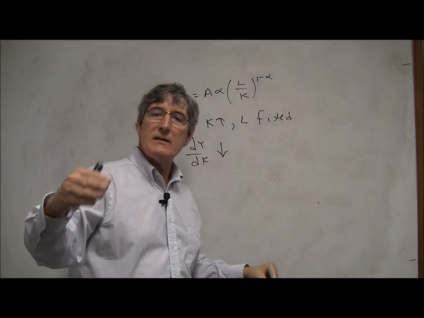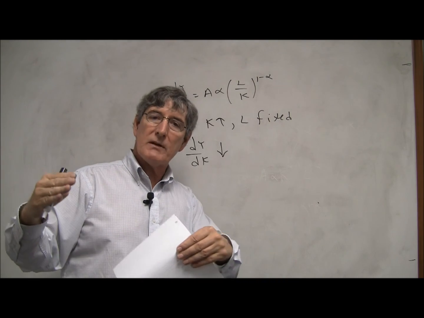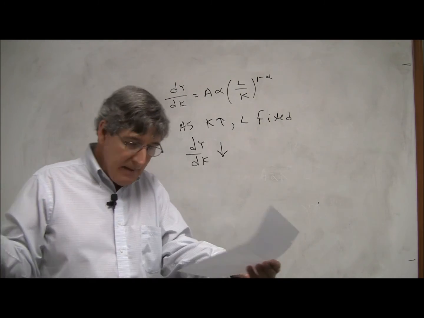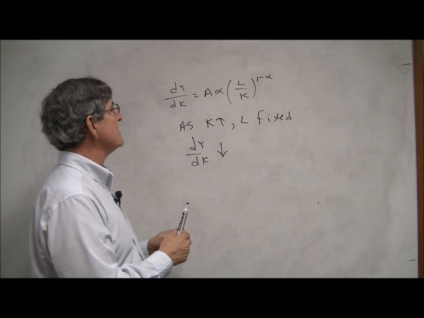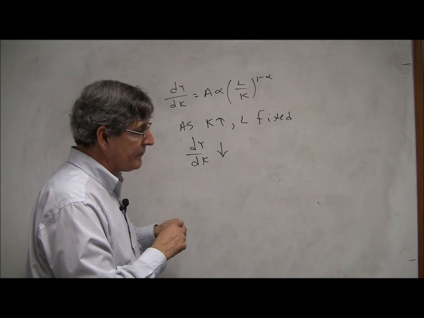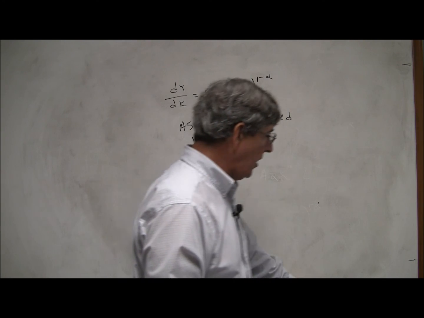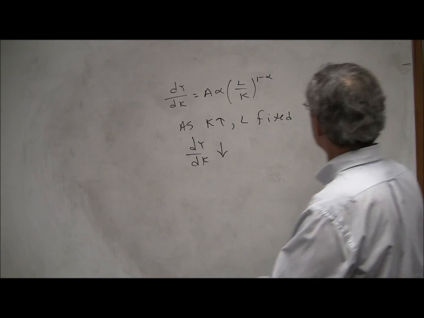Every increase in capital, as capital gets larger and larger, the change in output gets smaller and smaller. And that's exactly what we mean by decreasing returns. We're not going to be using this kind of stuff a lot in the next chapter. What you need to know is that we're going to use these production functions.